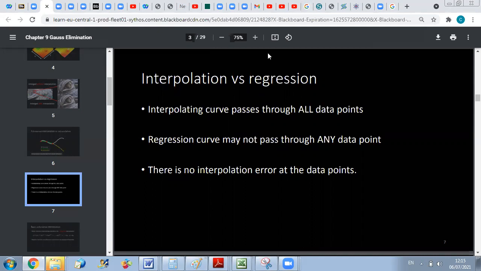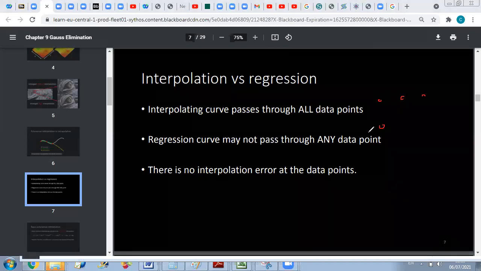You can have a fit that is not passing by any of the data you use. For example, let's say this is the linear fit. The linear fit is not passing by any of the data points, but it is minimizing the total error.